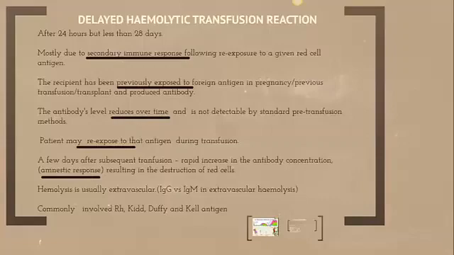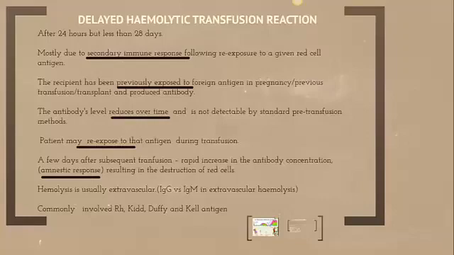During pregnancy, a minimal amount of fetal blood enters the mother's circulation, and the mother will be exposed to the red cells antigen that is not part of her antigen, and the mother's body will produce antibody against that red cells antigen. But after some time, this antibody level will be reduced and is not detectable by the standard pre-transfusion method. So the antibody screening will be negative.